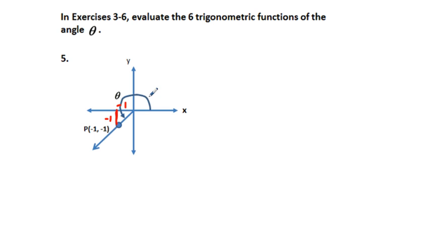Tangent theta equals opposite over adjacent, which equals -1 over -1, which equals 1. So that's our tangent theta, and our cotangent theta is the reciprocal of tangent, which is also going to be -1 over -1, which is 1.